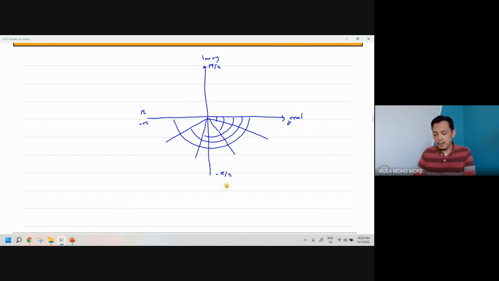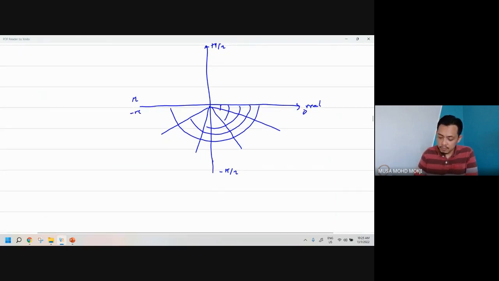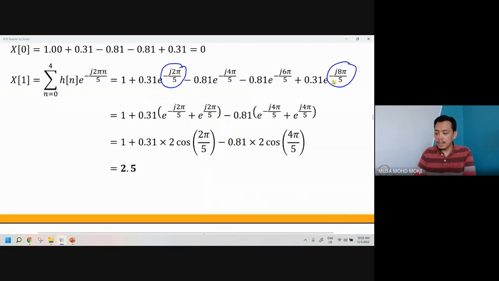Okay, and what is 2 pi over 5? So this is 1, 2. So this is actually minus 2 pi over 5. And this is actually minus j8 pi over 5.